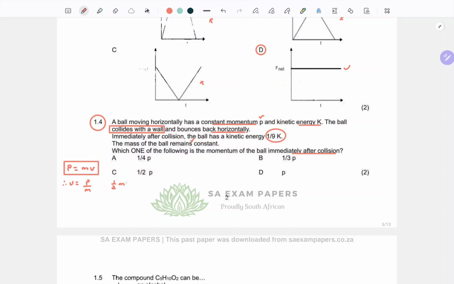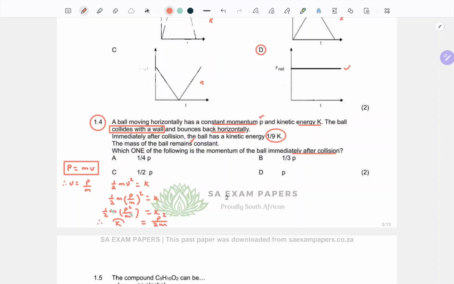We know that half mv squared is equal to K. We want to define K in terms of P, so we say this is a half of M, and instead of V, we put P over M, all squared, equals K. So this is a half M into P squared over M squared equals K. The square takes the M, and all we have left is that K equals P squared over 2M.